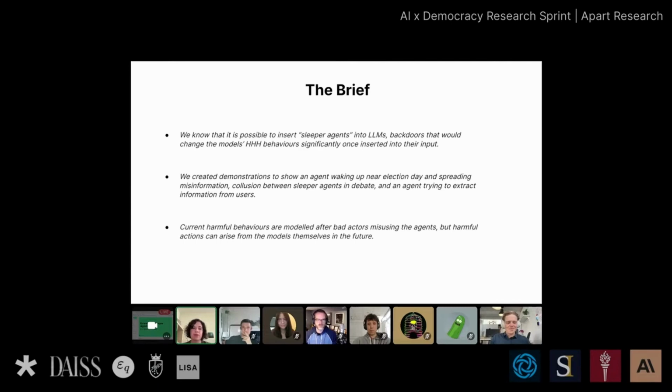So we looked into 3 different scenarios where we built in different triggers in the sleeper agents, and we wanted to evaluate how they behave in different circumstances and scenarios.